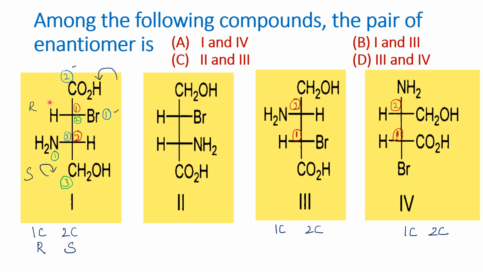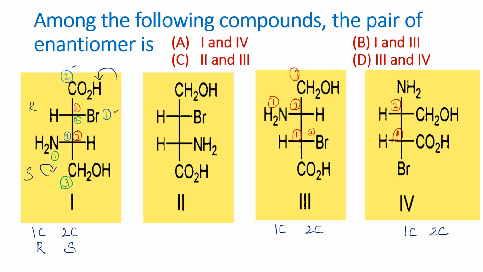Now that we have already assigned priority, we will just have to see the direction of flow of the priority of numbers. So here we know amino group is getting the first priority. Then we have the second priority to the bigger ring, and then the third priority to the alcohol.